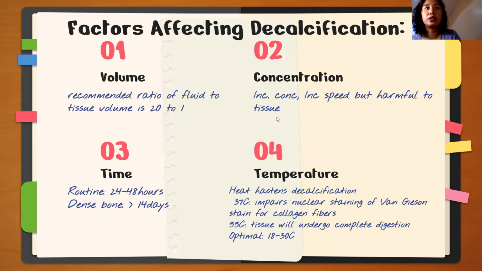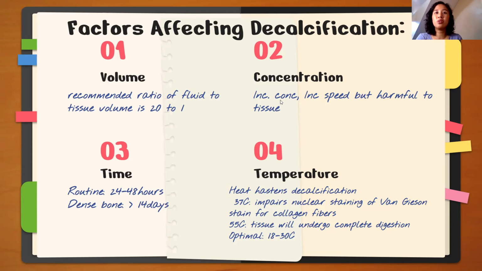Okay, what else? Factors affecting decalcification. Volume: the recommended ratio of fluid to tissue volume is 20:1, just like your fixatives. The minimum volume is 20 times rin. Sapat na yun. Pag sumobra, class, tumataas na yung laboratory cost. So 20:1, the same with your fixatives.